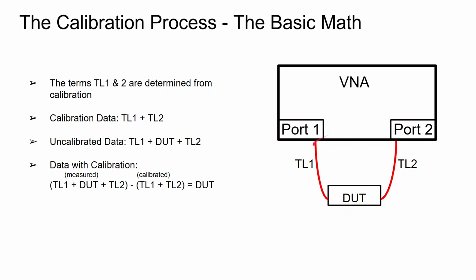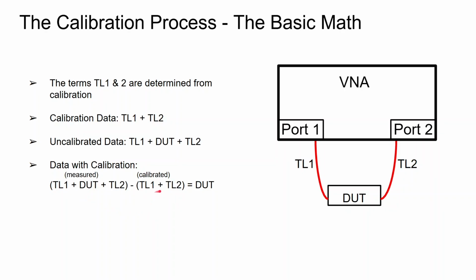So when the VNA takes a measurement of everything, we're going to get the measurement of that DUT plus this calibration data collected by the analyzer. In its processing, we get our DUT data simply by removing this calibrated data from the measured data.